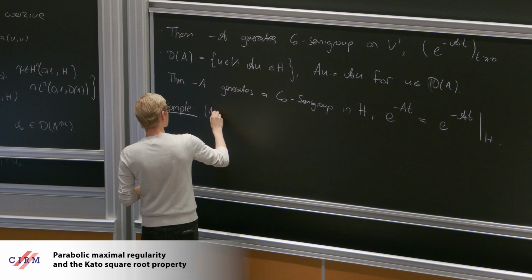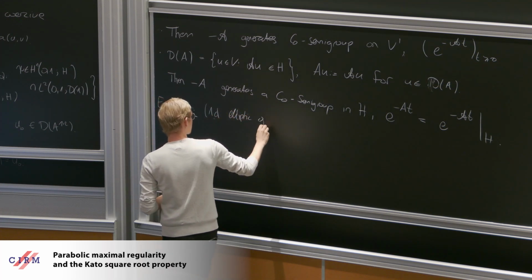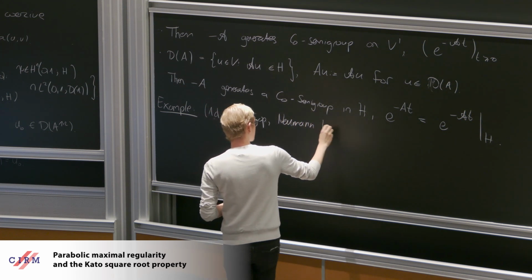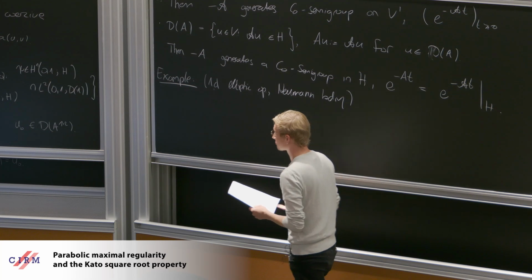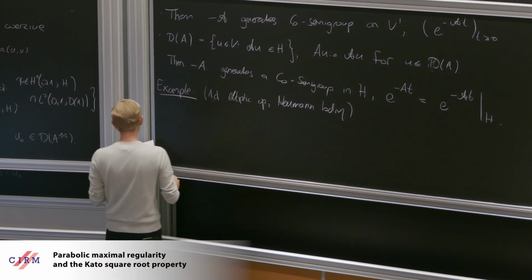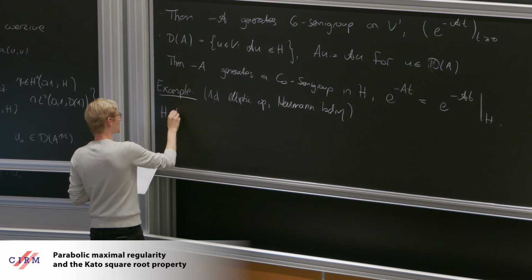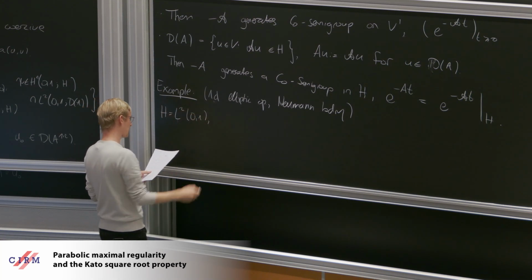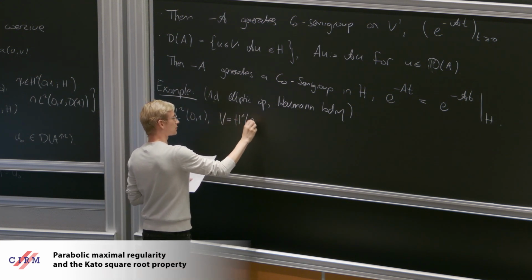So, 1D elliptic operators with Neumann boundary. And in this setting, let us just choose the spaces appropriately. So first we consider H to just be the L2 space on the interval (0,1). Then V will be H1.